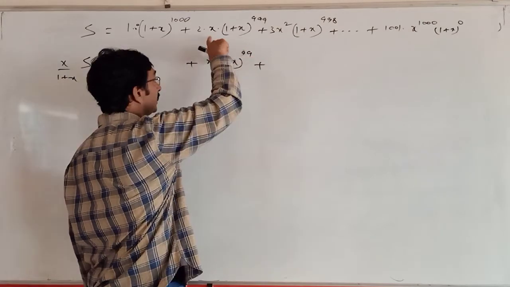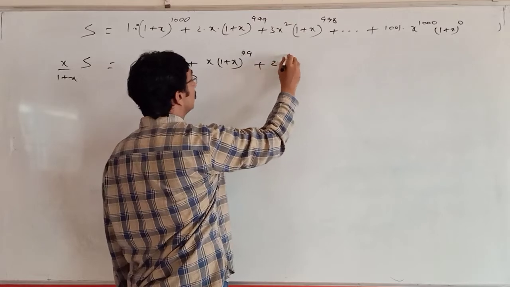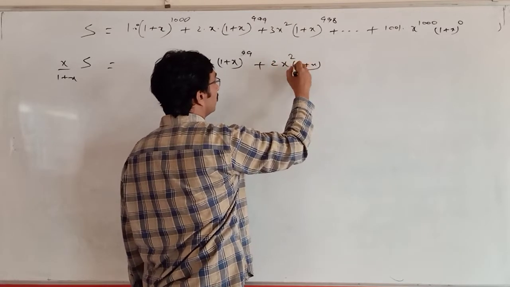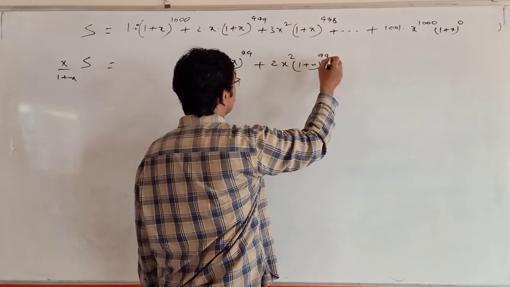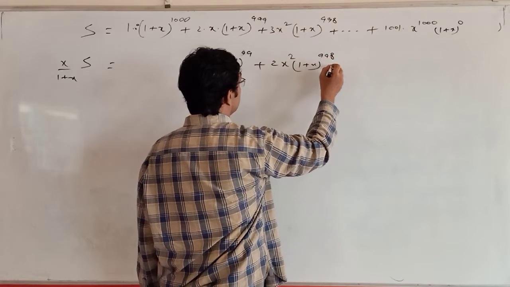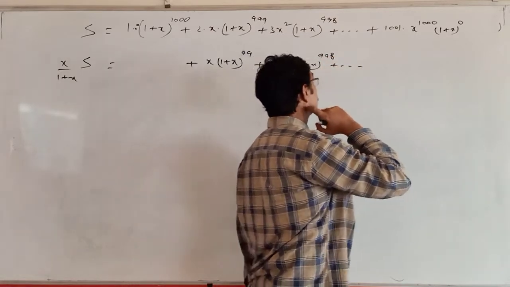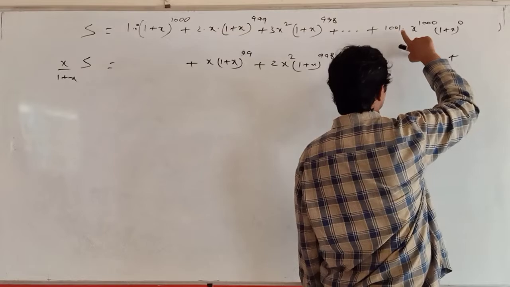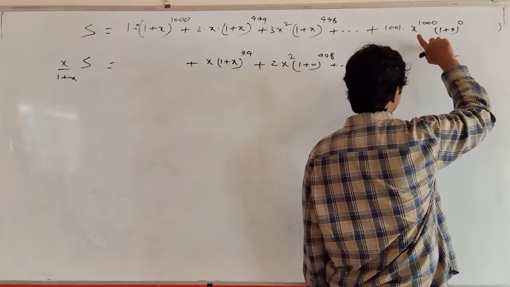Multiplying, we get x into 2x squared (1 plus x) whole power 998 and so on, into x by 1 plus x.